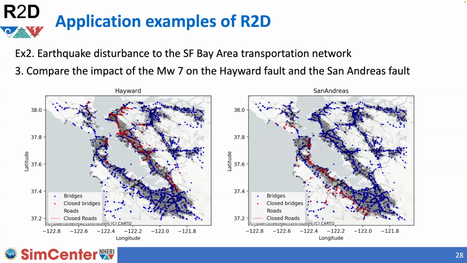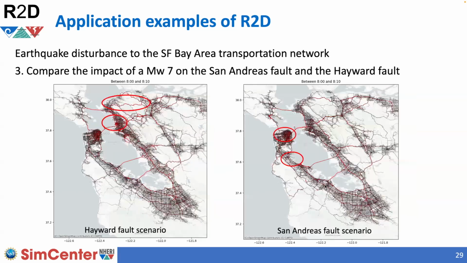And because the spatial distributions of these two faults are different, you can see a different distribution of the damaged bridges and the closed roads in these two earthquake events. And subsequently, they also resulted in a different distribution of traffic congestion.